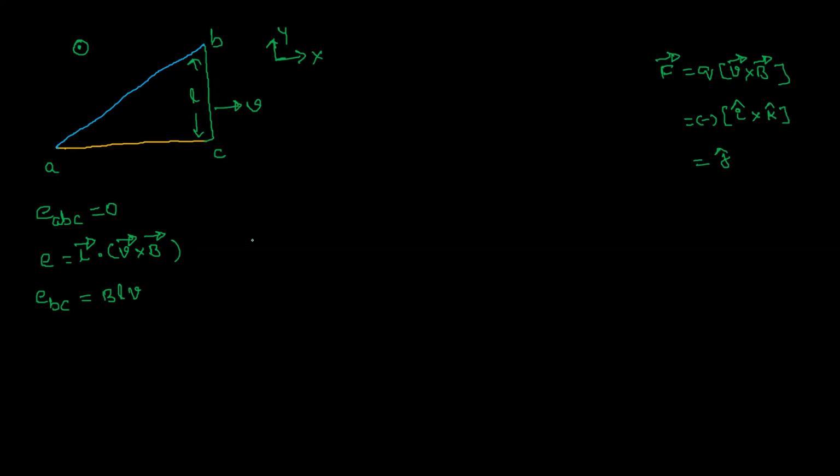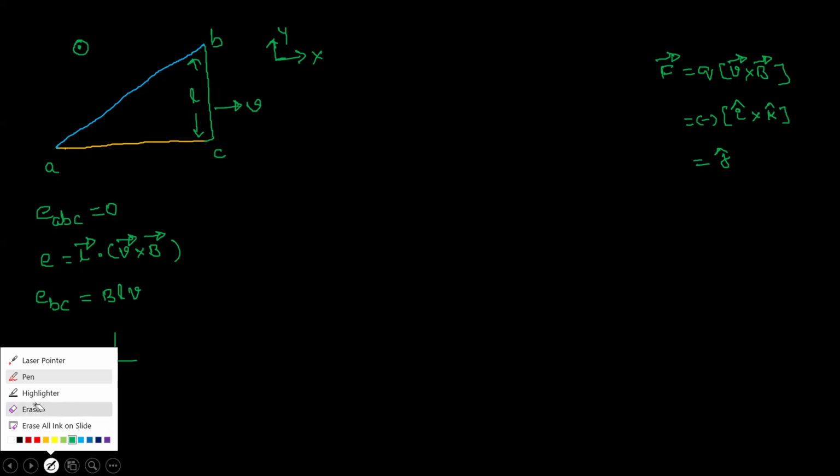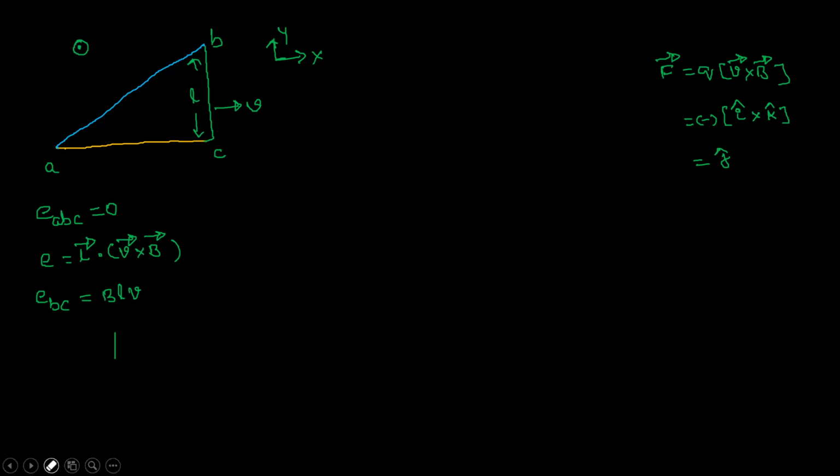That means if you want to replace it with a battery, wait, B should be low potential because electrons are moving up, so it should be like this. Like this, we can represent BC. Okay. Next, what else do we have to calculate?